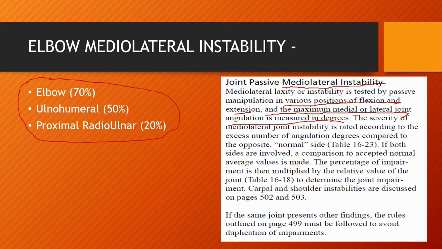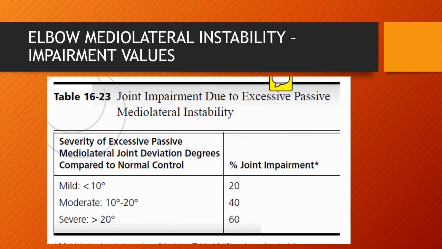If both sides are involved, a comparison to accepted normal average values is made. The percentage of impairment is then multiplied by the relative value of the joint, which is listed here, to determine the joint impairment.